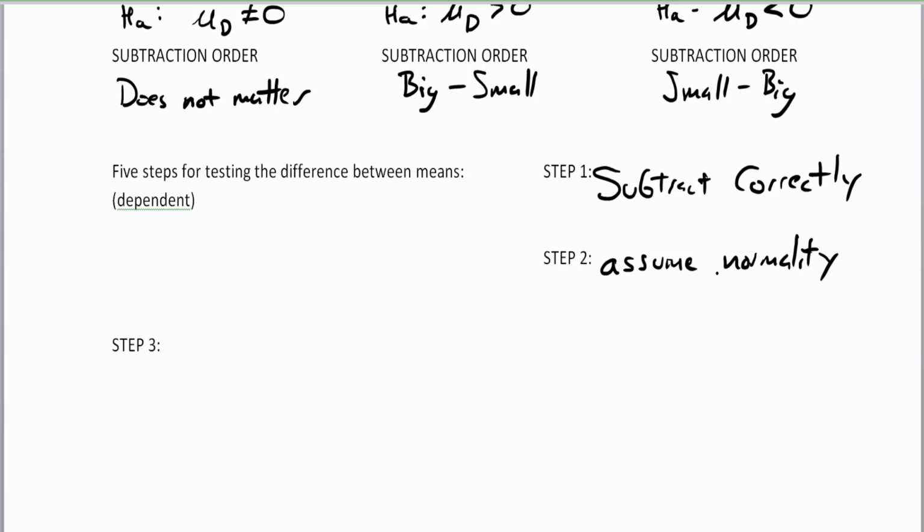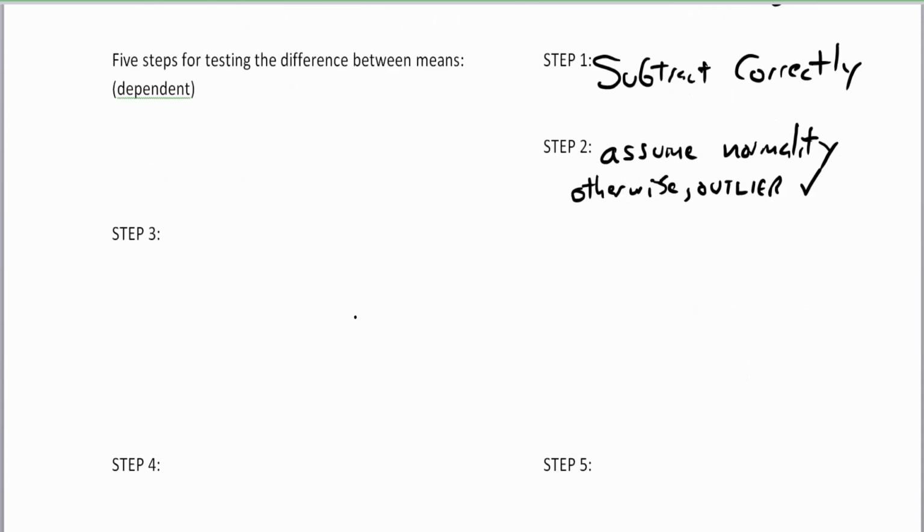Just read the problem and see if it's in the body of the text. Otherwise, you'll do an outlier check. And outlier checks are easy because we actually have the raw data in this situation, which is nice.